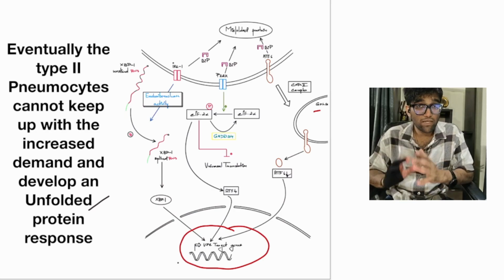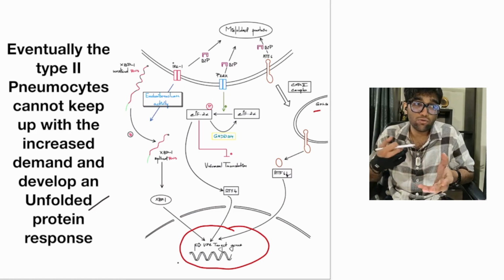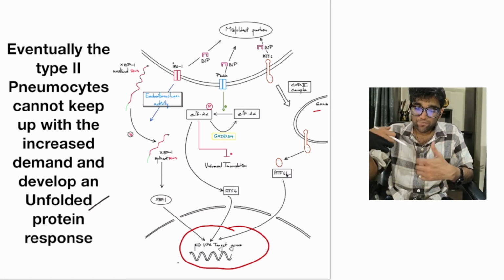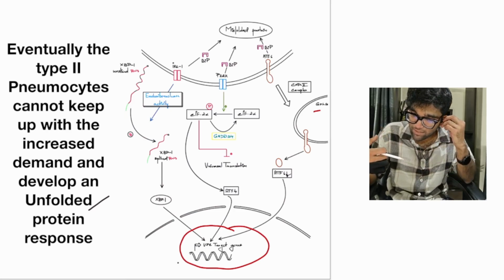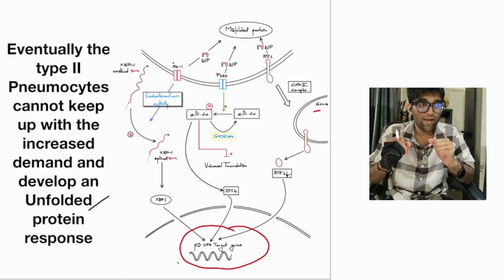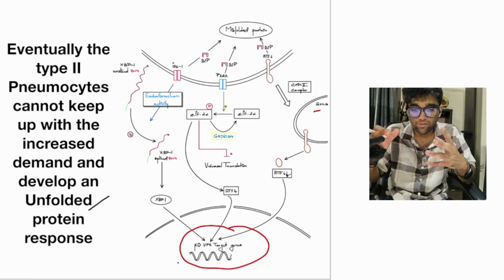the type 2 pneumocyte is not going to be allowed to continue like this. Because it will keep happening, the width by radius ratio will definitely keep increasing, and because of that you will have a lot of surface tension to counter.